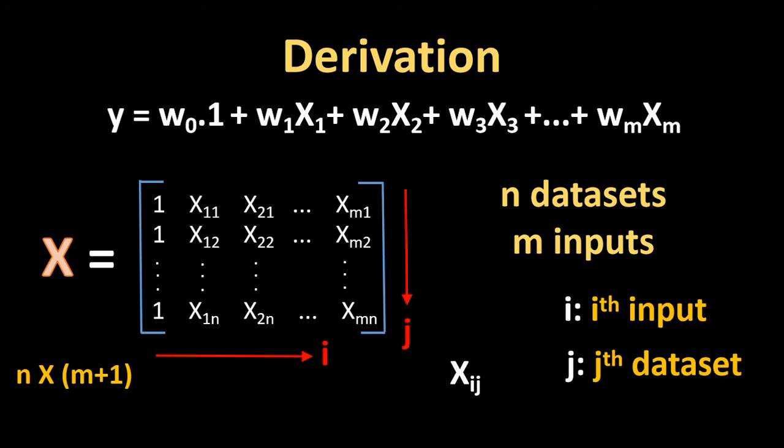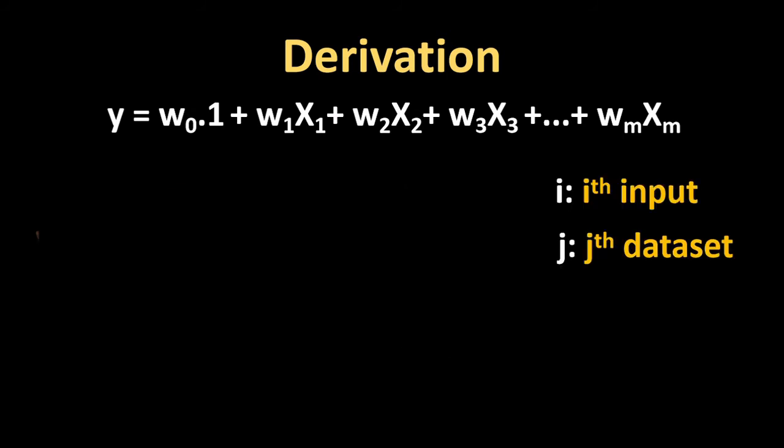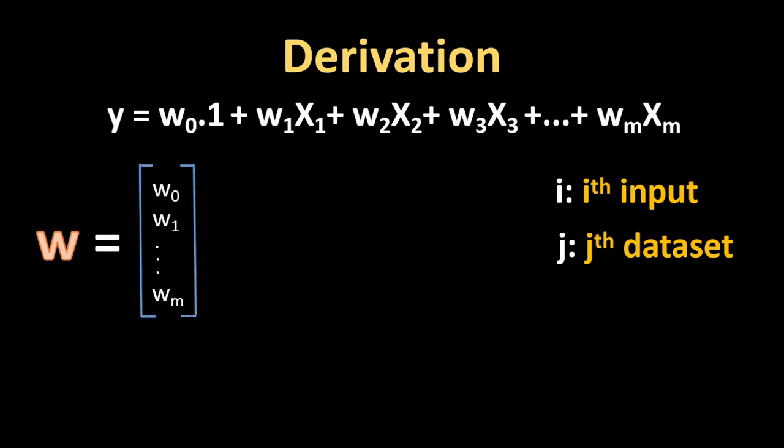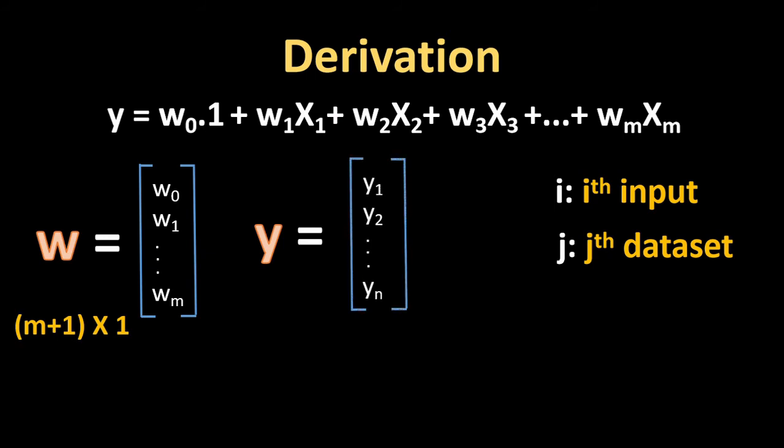Now let us denote w as a column vector with values w0, w1, w2 up to wm. Therefore w will be an m plus 1 cross 1 matrix. Also let us denote y as a column vector with values y1, y2, y3 up to yn. Therefore y will be an n cross 1 matrix.